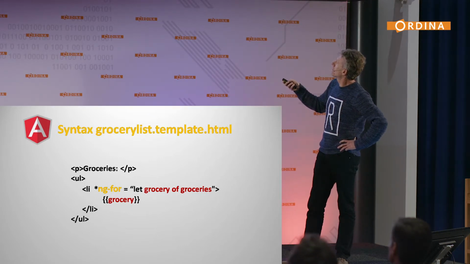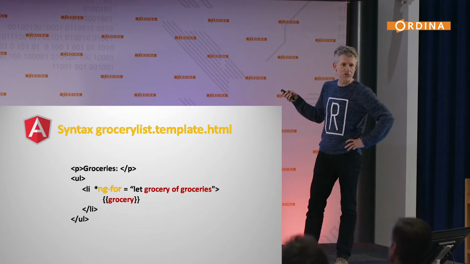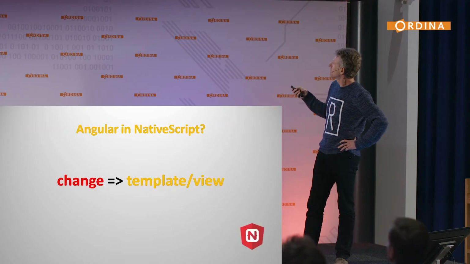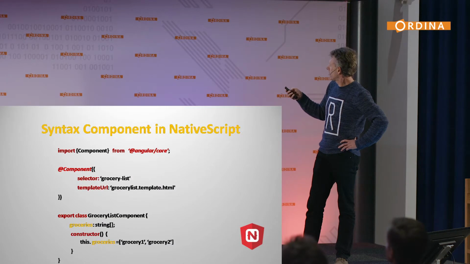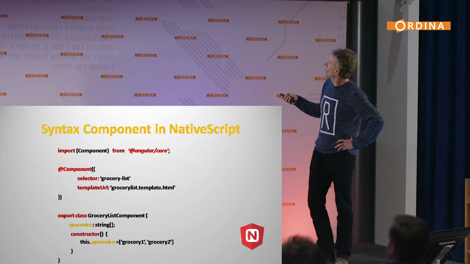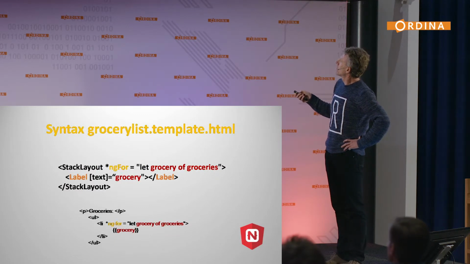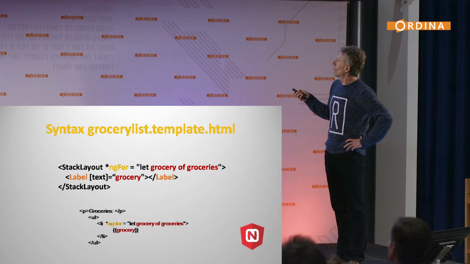Here you see the same component, but then in NativeScript. It is not changed. We can reuse all our code. But our template is changed, though you can still recognize how it works. We can still use the ngFor directive from Angular to loop through the groceries.